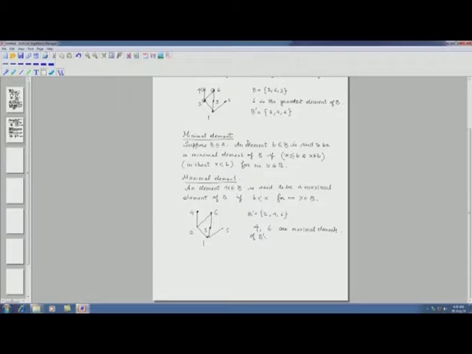Now, we see that B prime has a least element. It is of course a unique element, and that is 2. 2 is the least element in B prime.